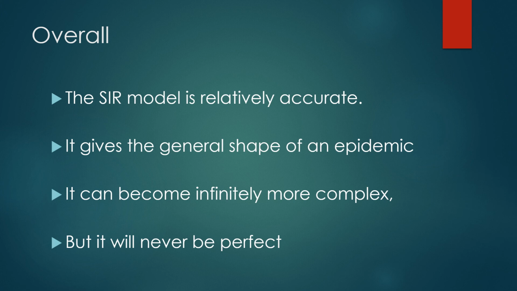So from the first month or so of coronavirus, you can't use the SIR model to say exactly what day it's going to end. You can maybe guess within a month or so, but you're not going to get an exact date, because a mathematical model will never be perfect in that way. So an epidemic can be mathematically modelled relatively accurately, but it will never be 100% perfect.